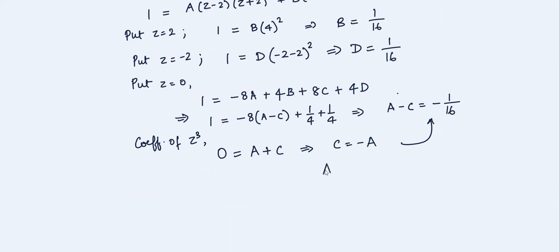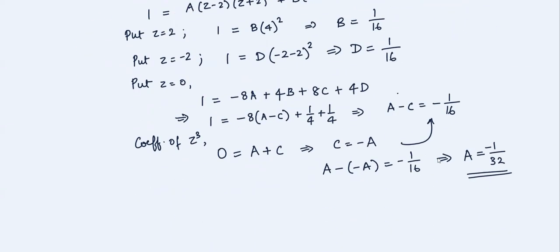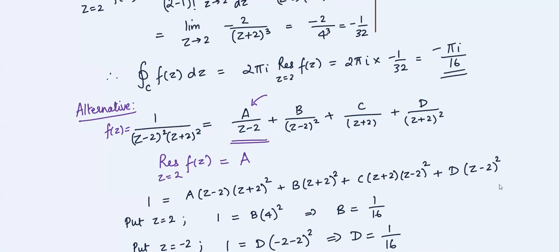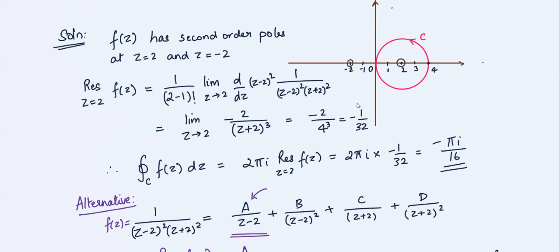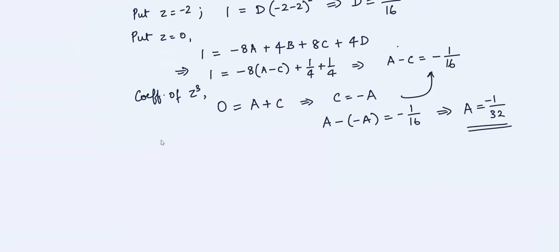So you get a minus of minus a is equal to minus 1 by 16. So 2a is equal to minus 1 by 16. a will be minus 1 by 32. So we could find a from here, which is same as this residue. So a is the residue and it is minus 1 by 32.